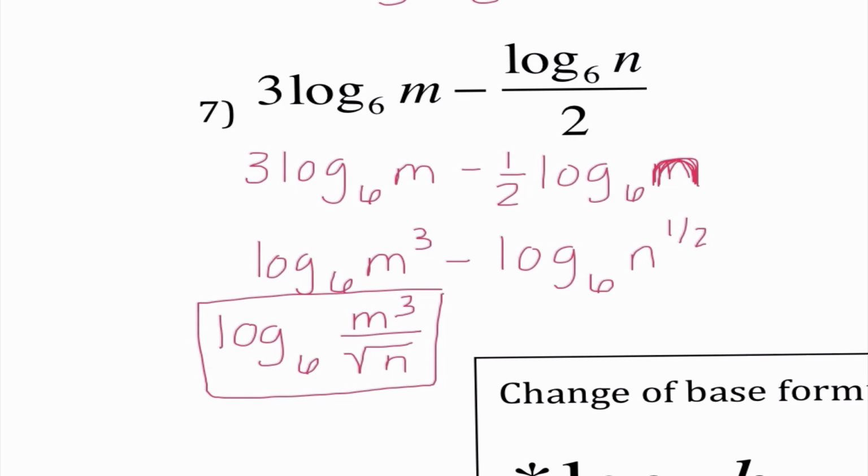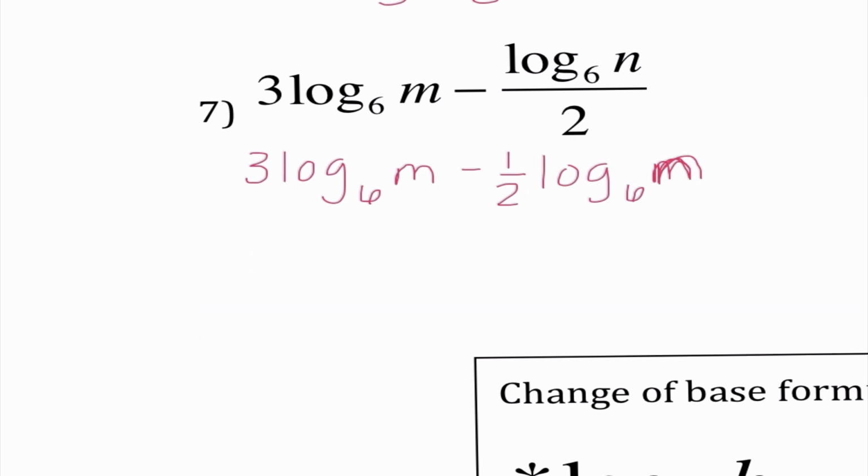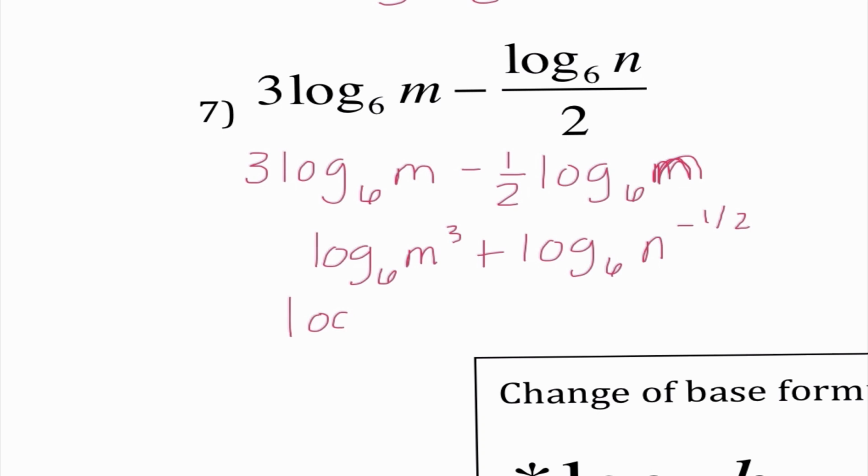I think this is the easier way, but let me show you a second way we could do this problem. This time I'm still going to make this log base 6 of m cubed, but I'm going to treat this like a negative 1/2. So I'm going to write plus log base 6 of n to the negative 1/2 power. So when I condense this, it becomes log base 6 of m cubed n to the negative 1/2.